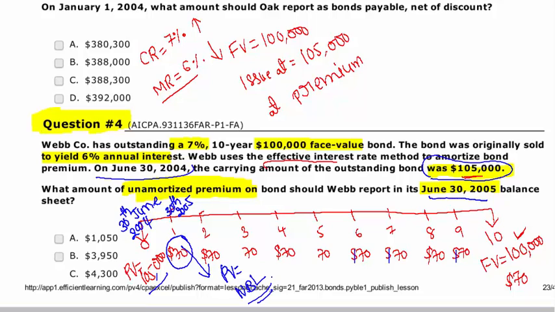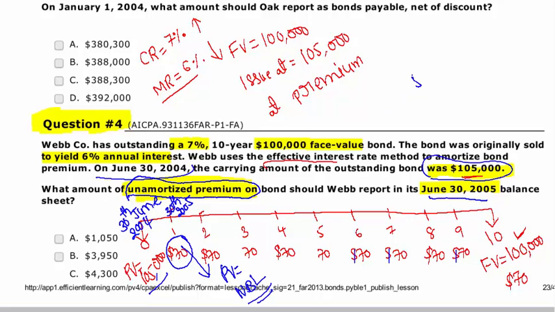Okay, so what amount of the unamortized premium on the bonds? Meaning the premium is already $5,000.